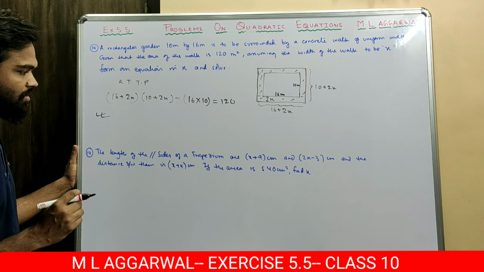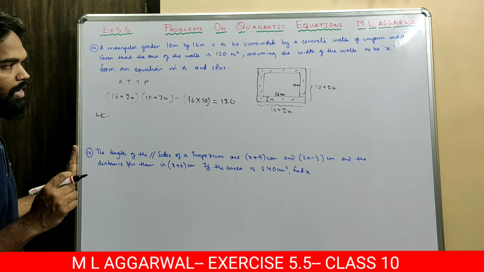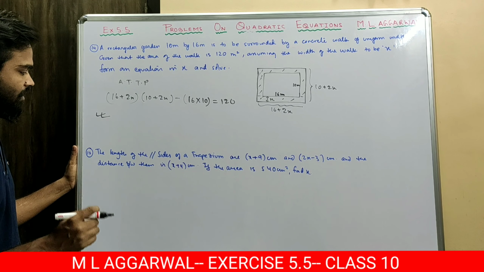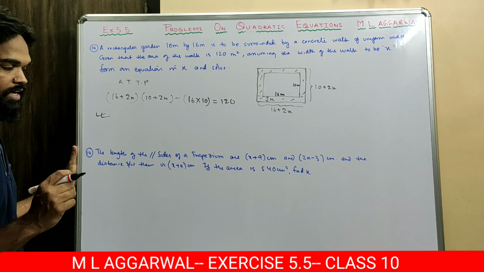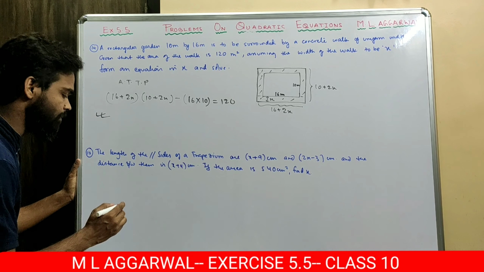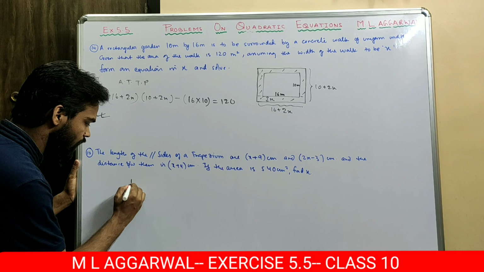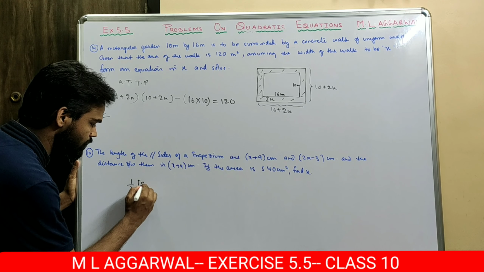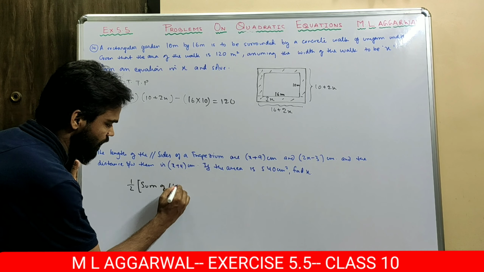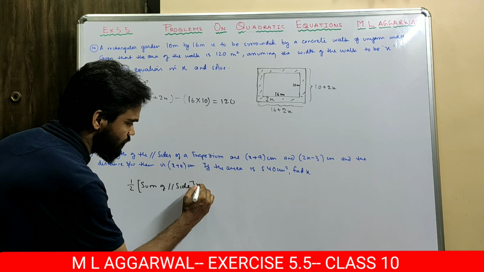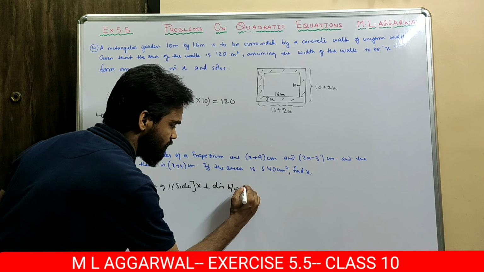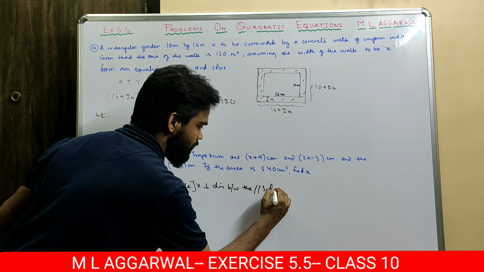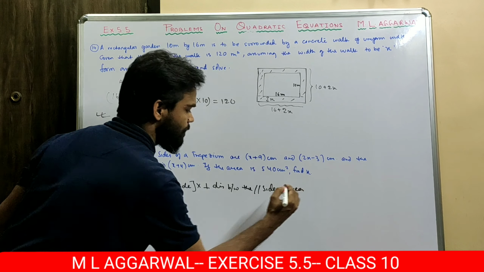Now look at sum number 17. The lengths of the parallel sides of the trapezium are x plus 9 and 2x minus 3, and the distance between them is x plus 4. If the area is 540 centimeter square, find x. Very simple. We know half into sum of parallel sides into perpendicular distance between the parallel sides is equal to the area of a trapezium.